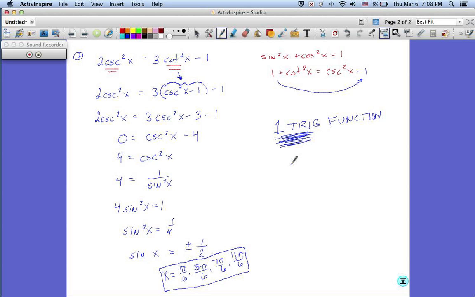Okay, and then try to get it into sine or cosine. You want that to be your final trig function. If you can't, no big deal. You guys know how to do cotangents and tangents and secants and cosecants, but if you can, get it in sine and cosine.